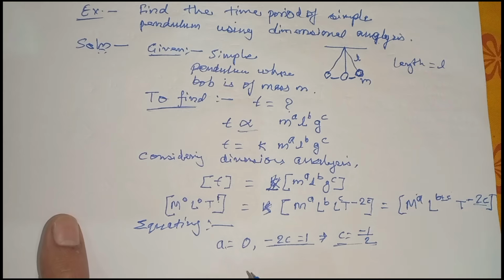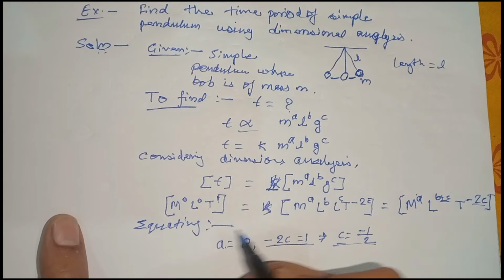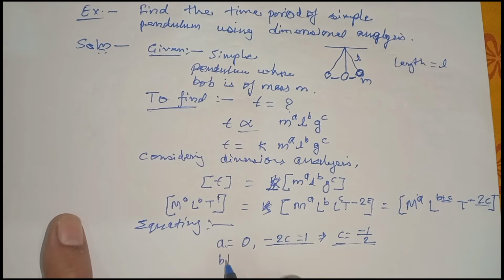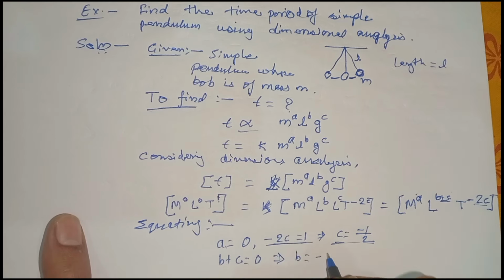The power of L remains, so b plus c will be equal to 0. Putting c in this equation, we get b equals minus c, that is plus 1 by 2.